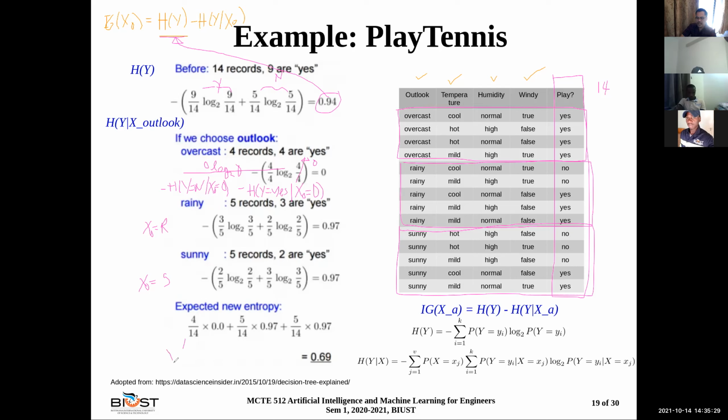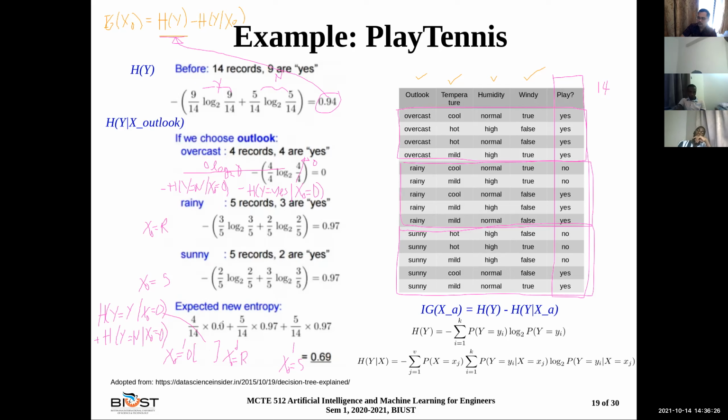So this is the X outlook equal to overcast, and this is the X outlook equal to rainy, and this is the X outlook equal to sunny, multiplied by H given Y equal to yes, given X outlook equal to overcast, plus H of Y output given no, given outlook equal to overcast.